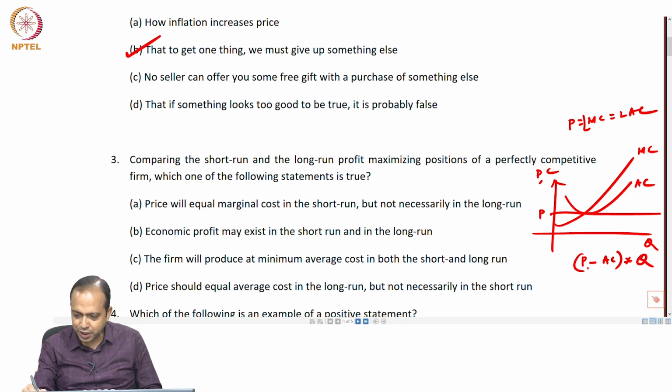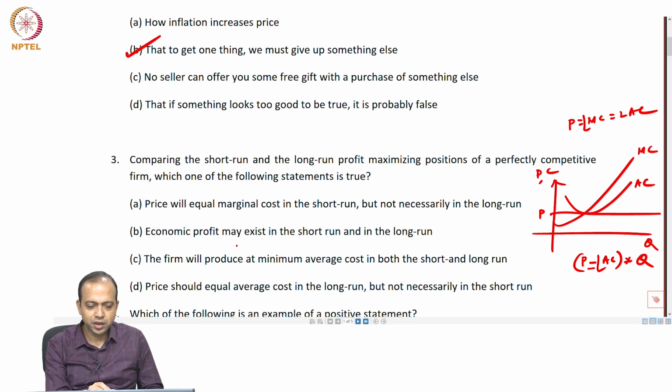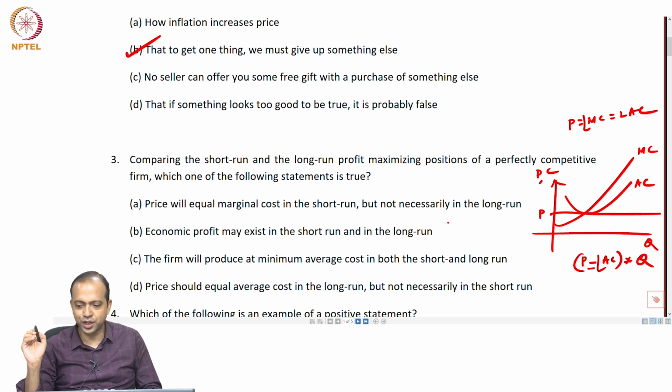So, if P becomes LAC, then obviously that becomes 0. So the economic profit in the long run is 0. That is why the claim that economic profit exists in the short run and in the long run is also false. In the long run there is zero economic profit.